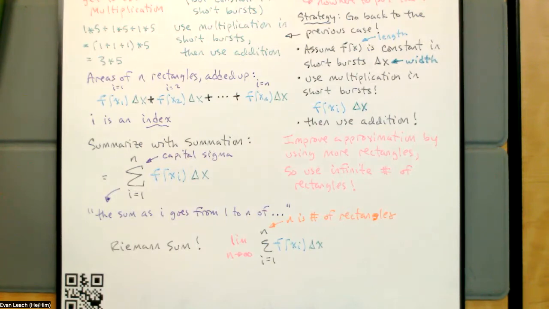And now we're at infinitely many rectangles. Any questions? This whole page of notes is just us thinking about how this works, and the notation that we use to express the thinking that goes behind this integration process.